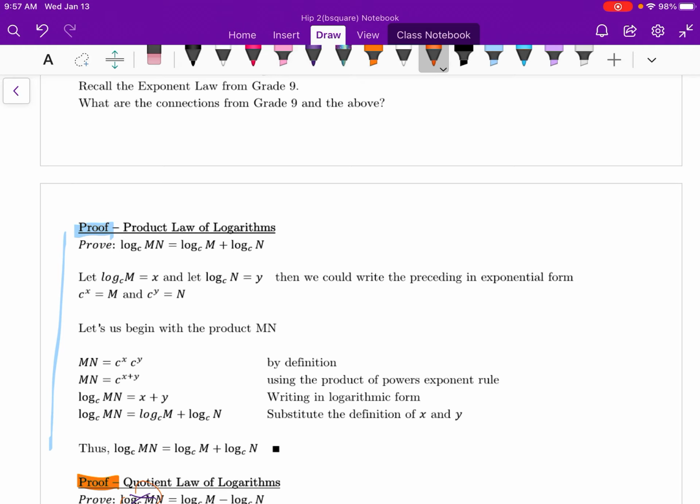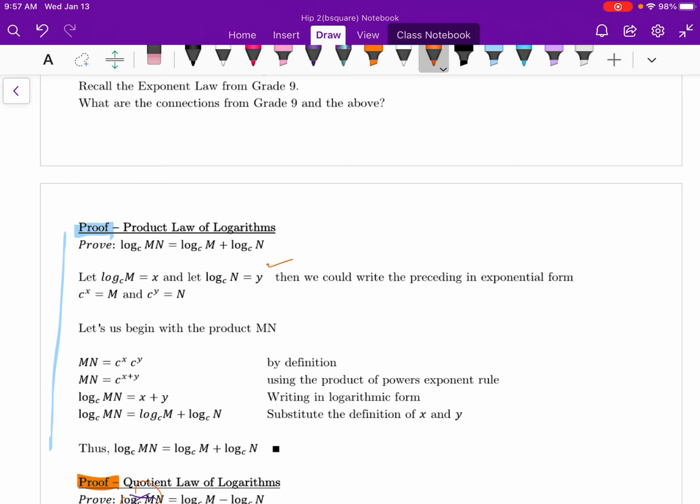So I'm going to prove the product law of logarithms. Log base c of m times n is going to be log base c of m plus log base c of n. So I start off with some definitions, and then I'm going to write it in exponential form. Now notice what I am doing.